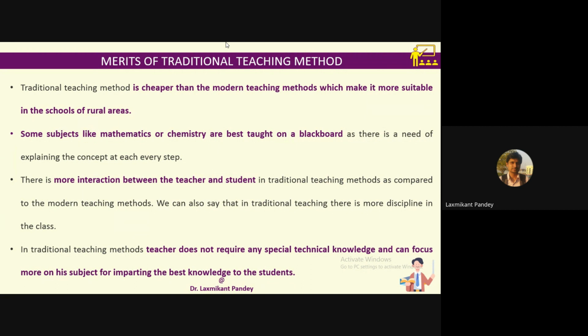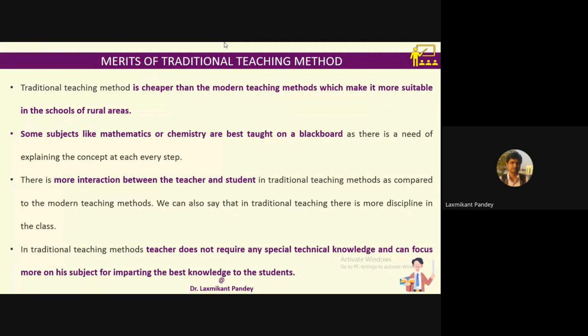The first very good merit of the traditional teaching method over the modern method is that it is very cheap. And because it is cheaper, it is more suitable in schools of rural areas, because rural areas cannot afford the high cost of the aids required in modern teaching methodology. So for them, it's a very good method. And the same applies to certain subjects like mathematics and chemistry.